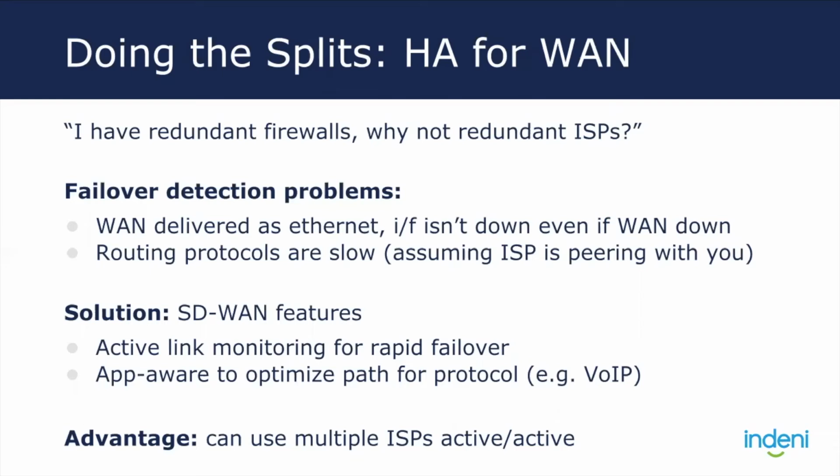Some of the difficulty is, how do you know when your WAN link has gone down? Well, if you listened to Alexa's introduction at the beginning, you heard that once upon a time I was doing firewalls at Nokia, and we actually sold firewalls with WAN interfaces on them. So you could buy a Nokia IP440 with a T1 interface, with a T3 interface. But I doubt any of us have set up a CSU, DSU anytime recently.